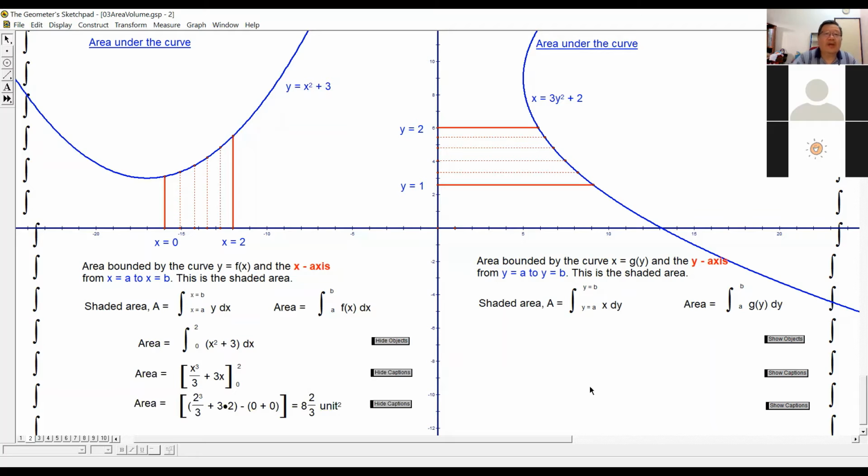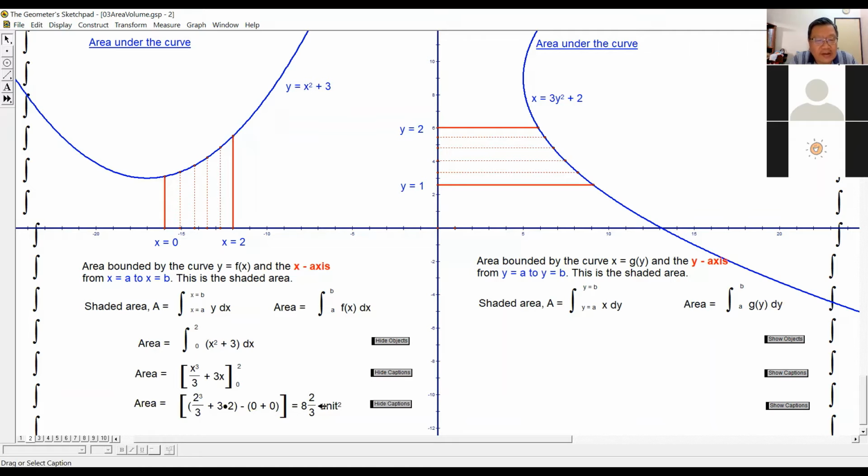Why unit square? Because on the Cartesian plane, you have number 1, 2, 3, 4, 1, 2, 3, 4 on the x-axis and y-axis. So this 1, 2, 3, 4, they are 1 unit, 1 unit, 1 unit. Of course, if it's in cm, then you have cm square. But now we talk about units because we want to refer to the Cartesian plane.